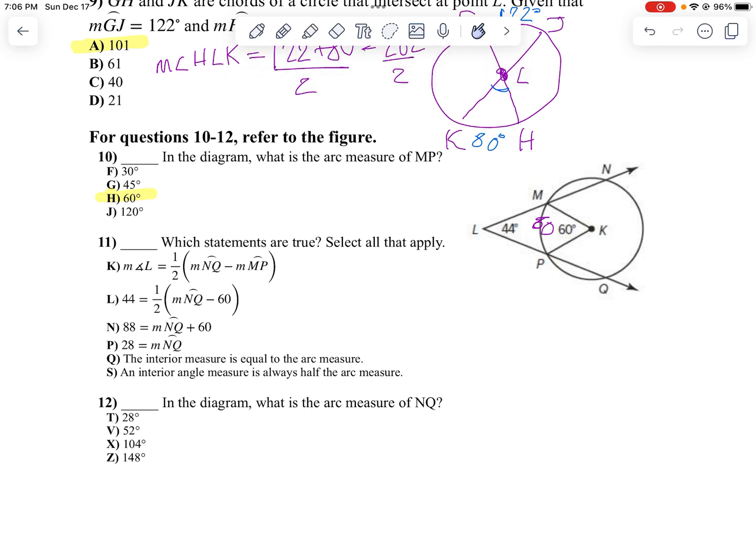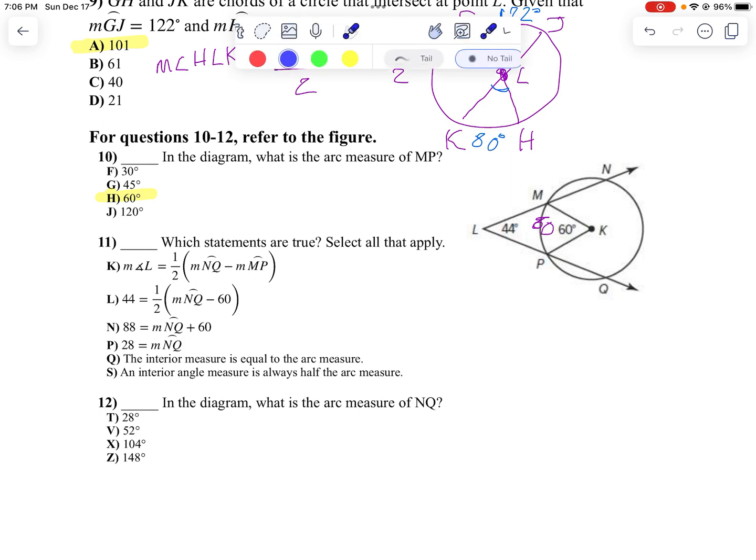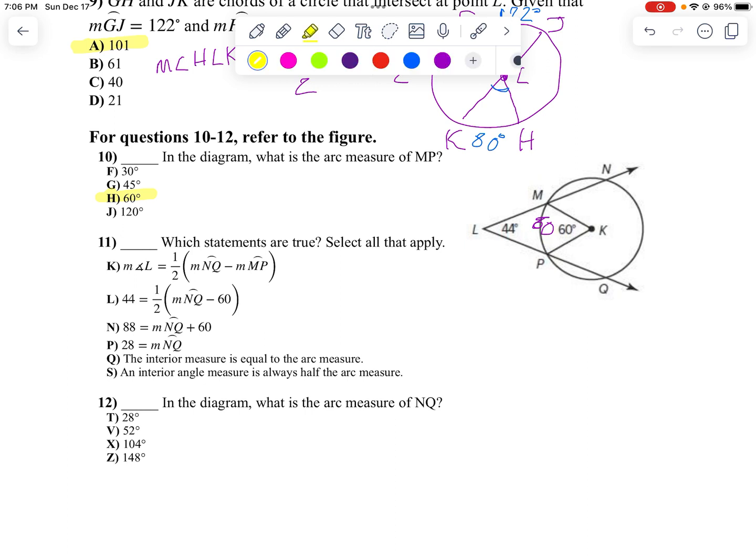Let's start with our first one. And we take a look here. Angle L, is that NQ minus MP divided by 2? Sure it is. So angle K is going to be one of our choices.